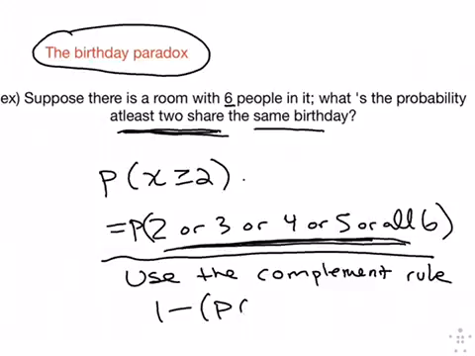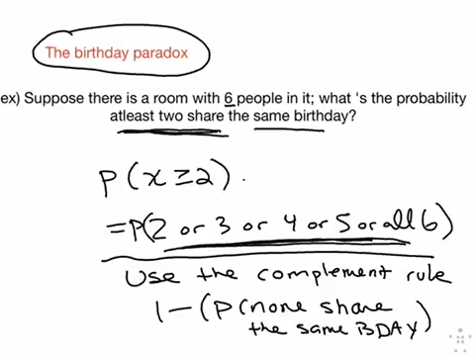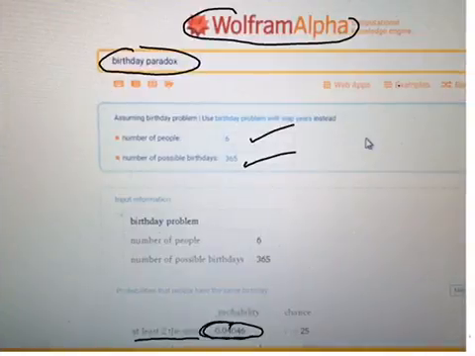So instead, we'll do 1 minus the probability that none share the same birthday. That's the trick. So I'm actually going to flip ahead here. Remember, keep your eyeball on the answer, 0.04. Okay, now let's zoom in on that. So 1 minus the probability that none share the same birthday.